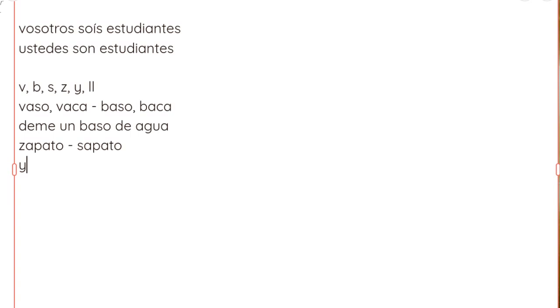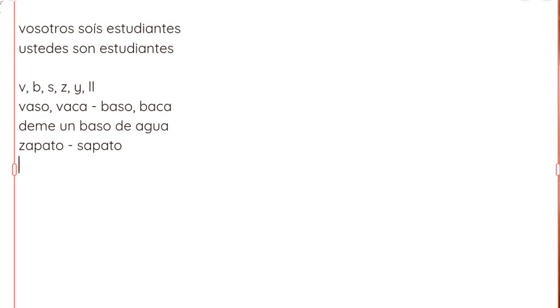Let's see, caballo, gallo, yegua, llegar. Okay, sometimes it's difficult when spelling to remember which word starts with what letter, because there is no difference in the sound.